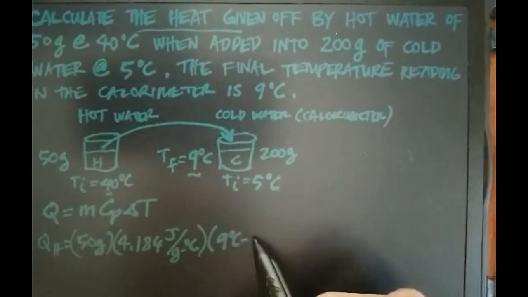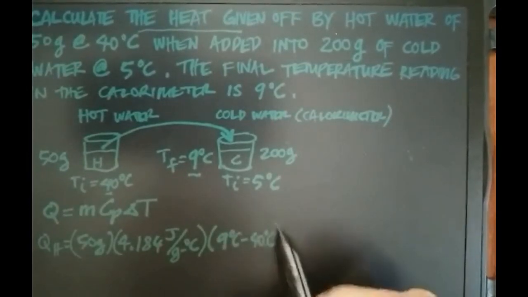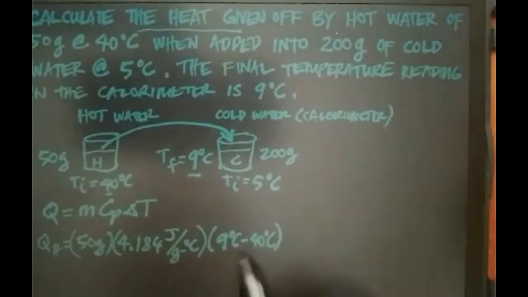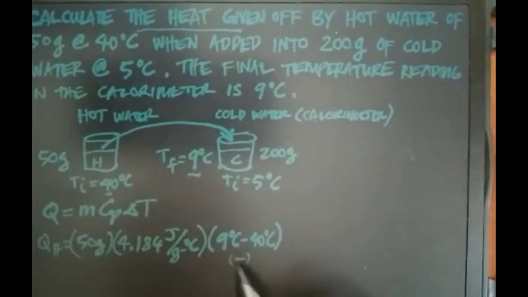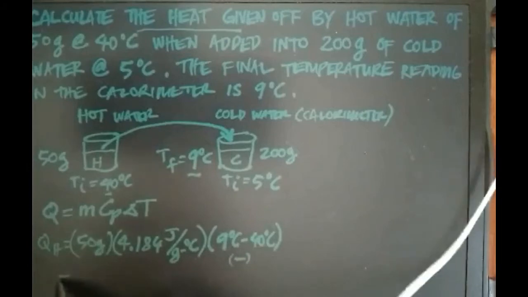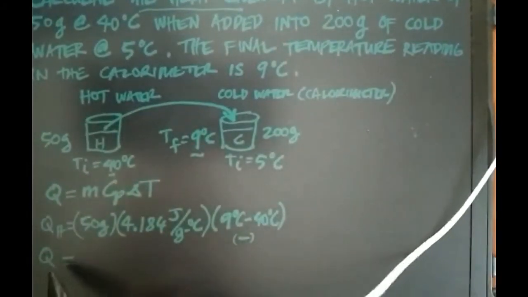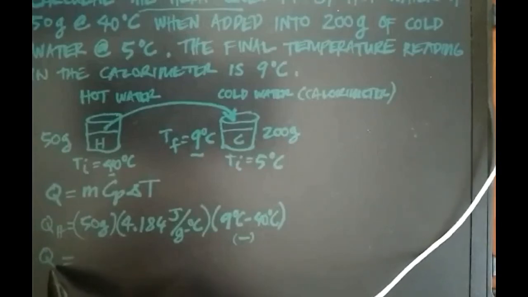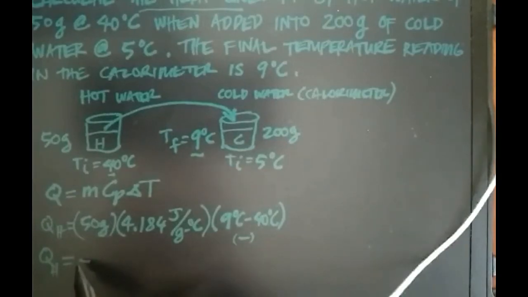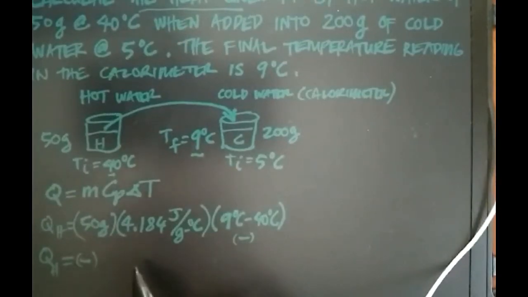So final minus initial, we have 9 degrees minus 40 degrees Celsius. And if you notice that we have a negative in our temperature, our Q here will be a negative sign.